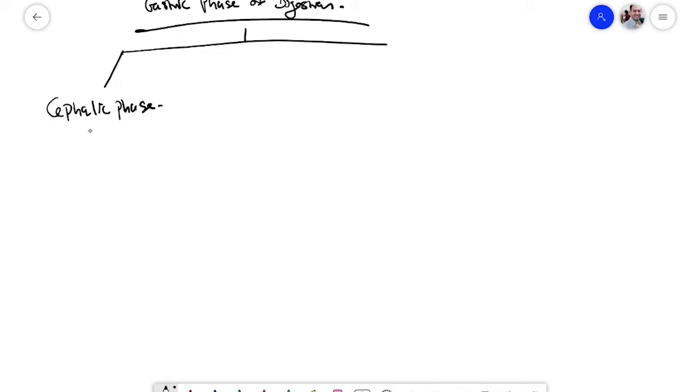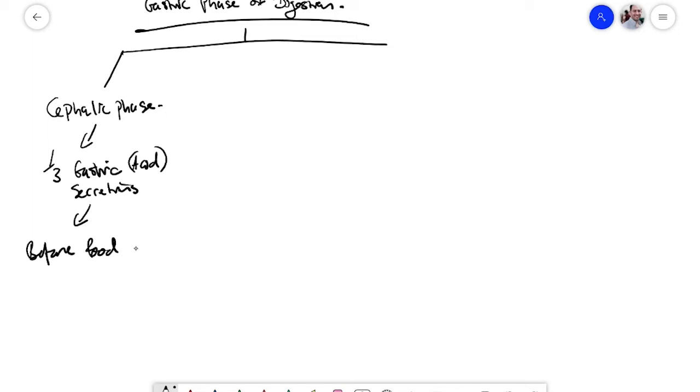And it is responsible for about 1/3 of the gastric acid or gastric secretions. Let's put that in bracket there. And like I said, this happens before food even gets into your stomach.